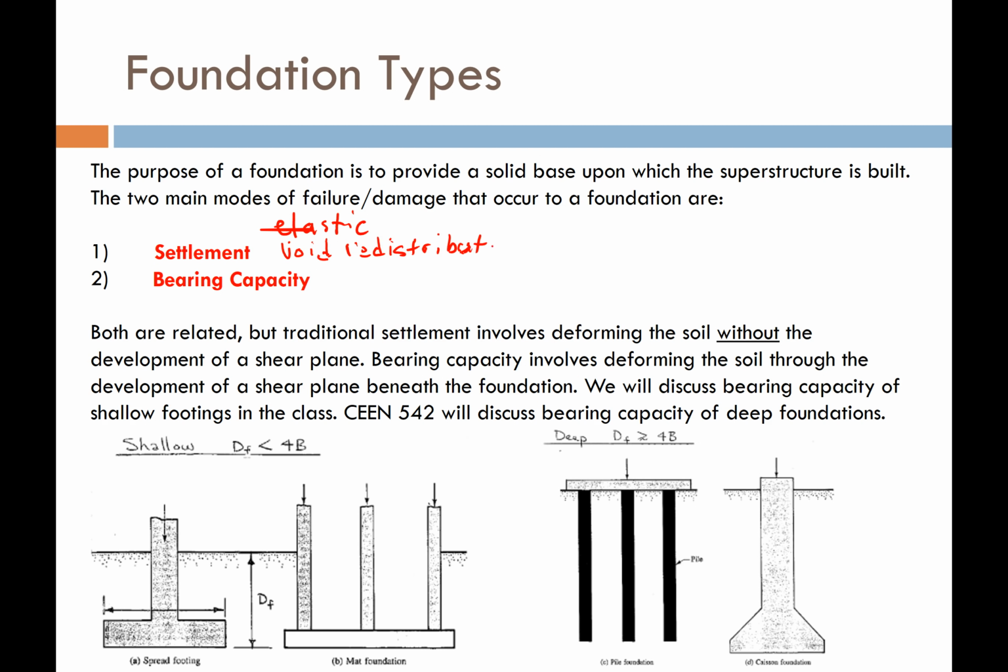So that's things like consolidation settlement, those kinds of things. But the important thing to remember in either of these cases, when you're talking about settlement, in reality, the particles don't move relative to each other.